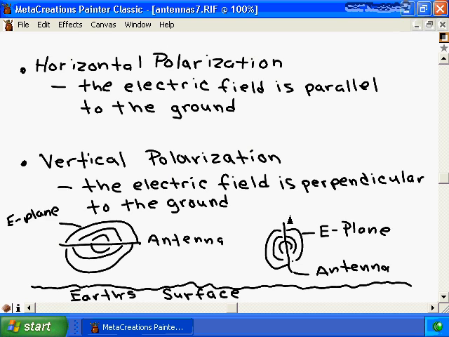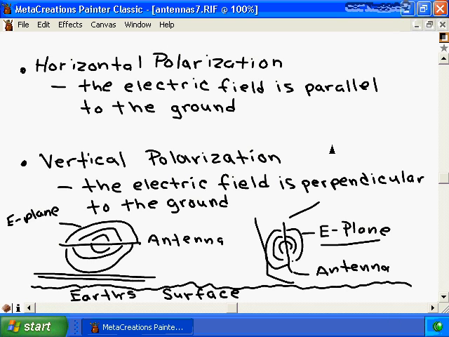So in this example right here, we see vertical polarization where the electrical field, again represented as the E-plane, is perpendicular to the ground. In contrast, a horizontal polarization where the electrical field is parallel to the ground or parallel to the Earth's surface. So here's the 1, 2, 3s as to why antenna polarization is important to know about.